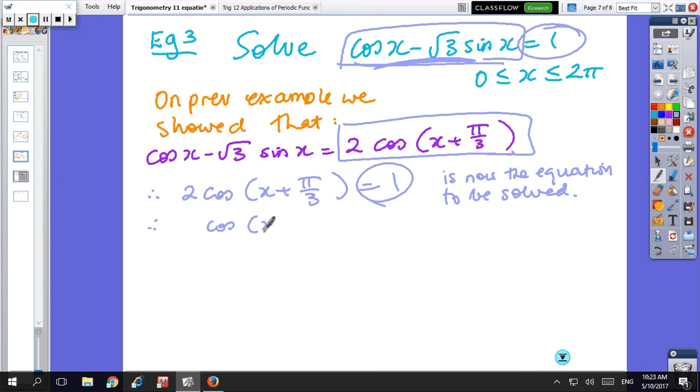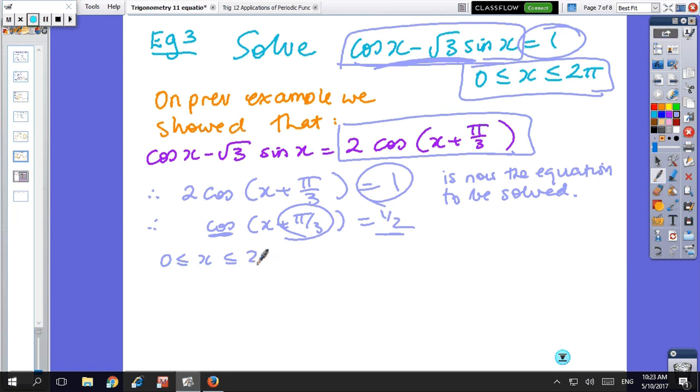So the next line would be cos of x plus pi on 3 equals a half. Okay, so when cos equals a half, now the function is defined between 0 and 2 pi. Okay, so we've got a pi on 3 to add, so 0 less than or equal to x less than or equal to 2 pi, and then we change the function in the part in the middle.